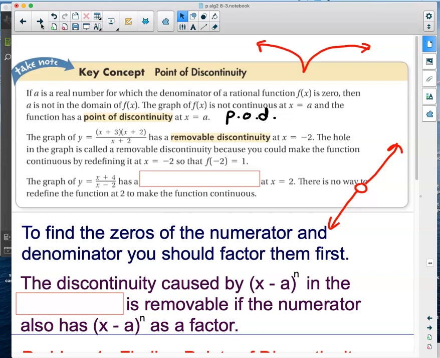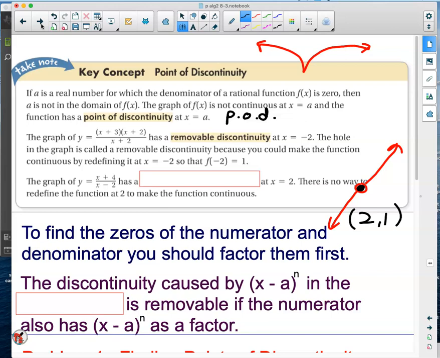Why does that get that special name of removable discontinuity? Well, because if we wanted to, we could find something to fill that hole. It's just a hole. We could tell somebody, graph this point, and in the graph that we did, it was (-2, 1). And then your graph will be continuous.